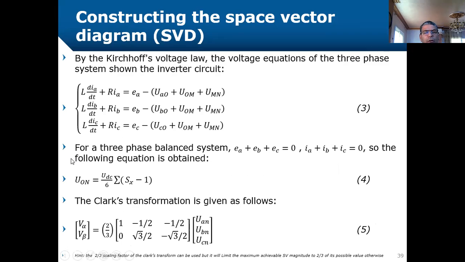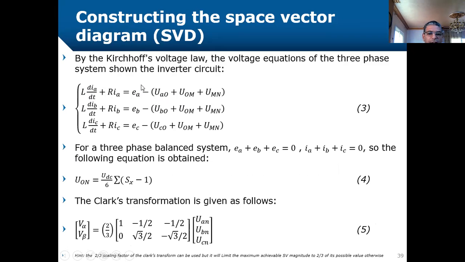Now, we want to calculate the phase voltage with respect to the neutral point of the load, not to the midpoint of the DC. For this, we write down the loop equation for the 3 phases in this way. It's an inductive load: L dIA by dt plus R IA equals EA minus UAO plus UOM plus UMN.